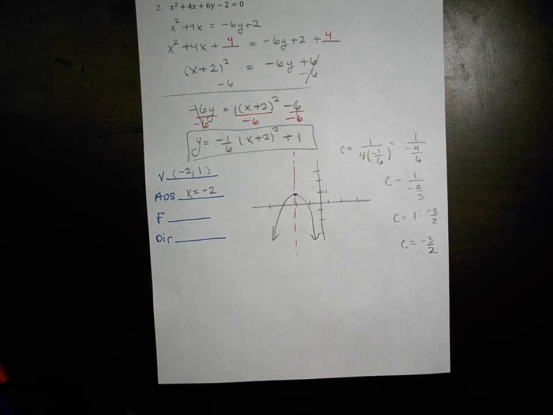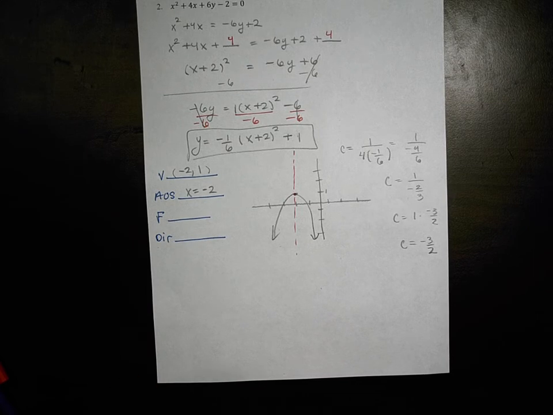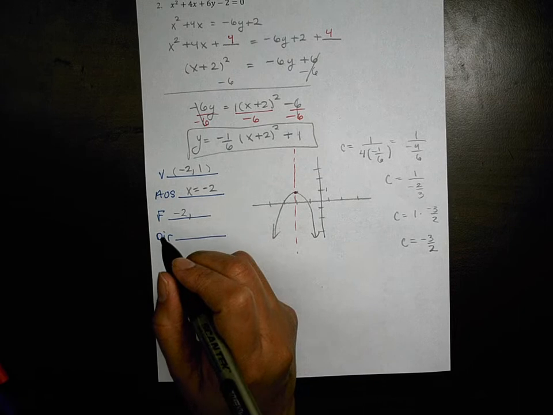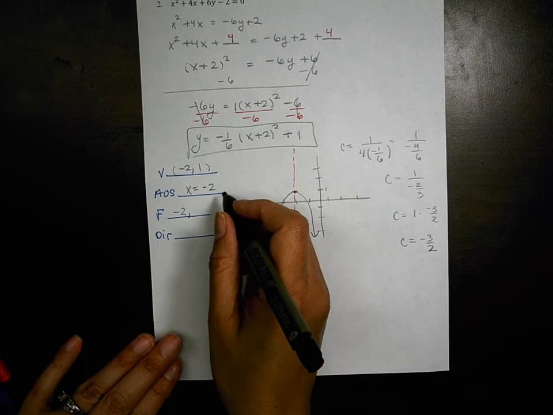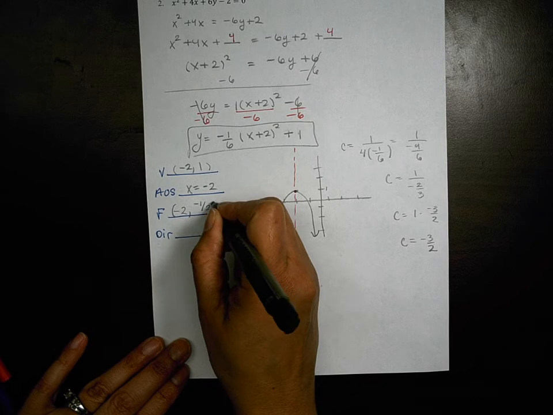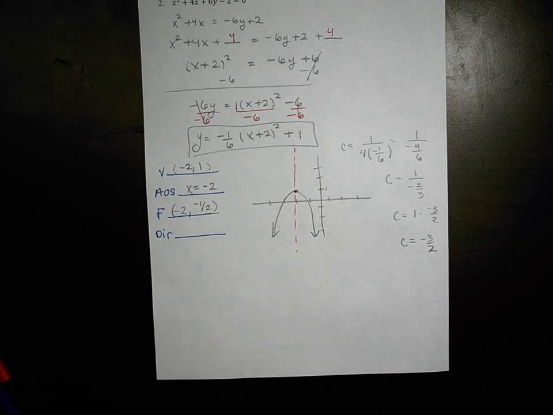All right. What did you guys get? -2 comma, anybody have it? -1/2? Yes? How many of you used your formula for that? Did anybody get it using just your picture and working it out that way? Does anybody want me to show it that way?